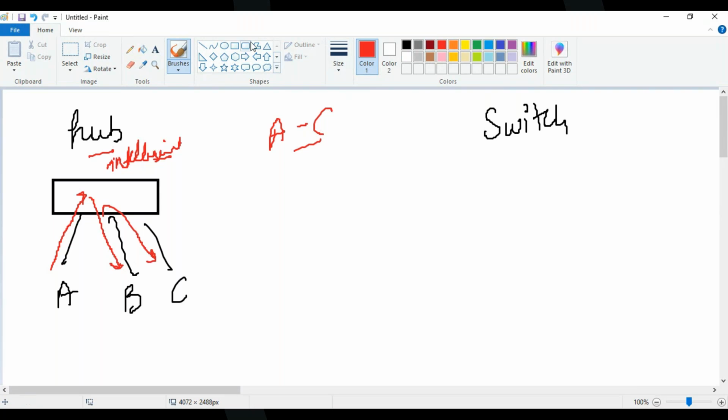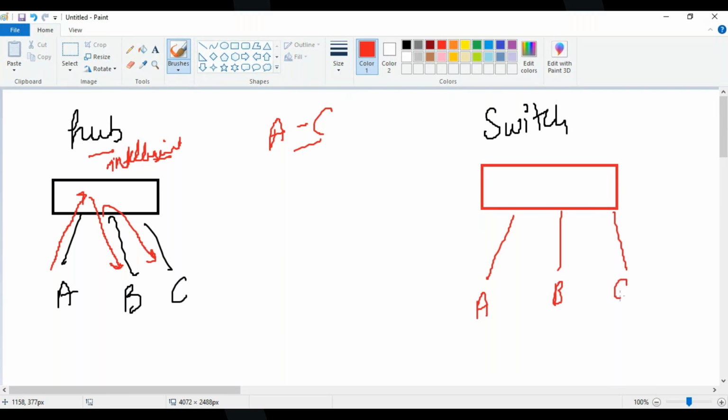And if we talk about switch, switch is an intelligent device, right? A, B, and C, three devices are there. And now suppose A wants to send some data to B. Now A will send it to the switch.